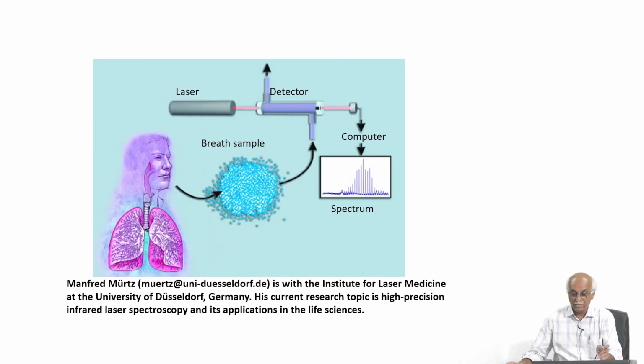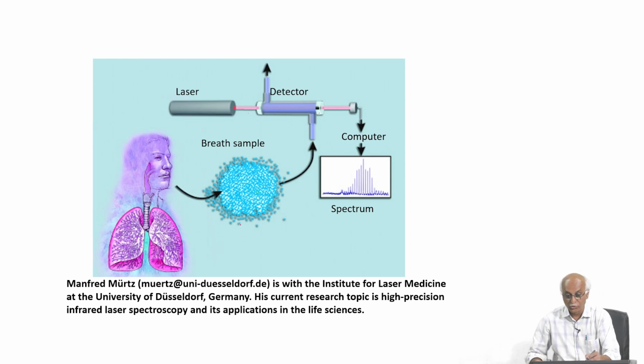But the overall technique is based on the absorption of molecules. So, if the absorption is there, we will be able to see the absorption transmission losses, and cavity ring down spectroscopy can allow us to capture that.